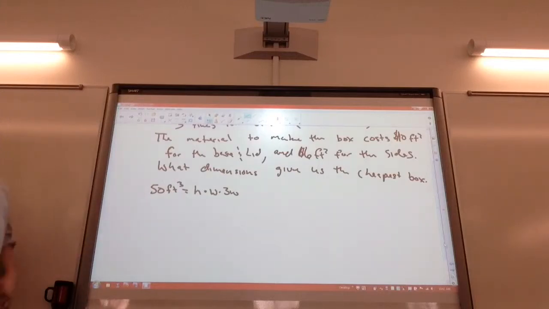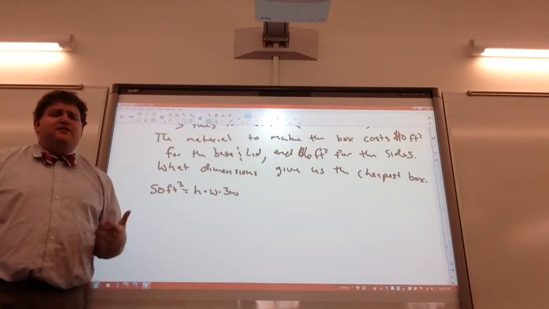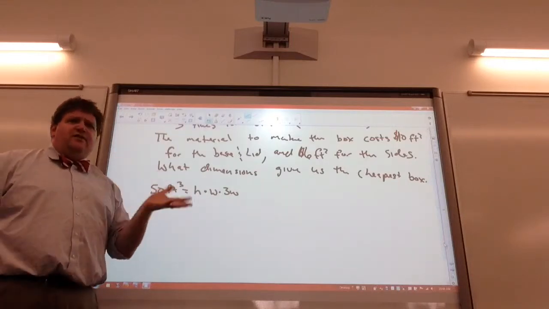The other thing we've got is what we're trying to minimize, which is the cost of the surface area. Before I go any further, because we're going to write the surface area equation, there are several different ways to model surface area.